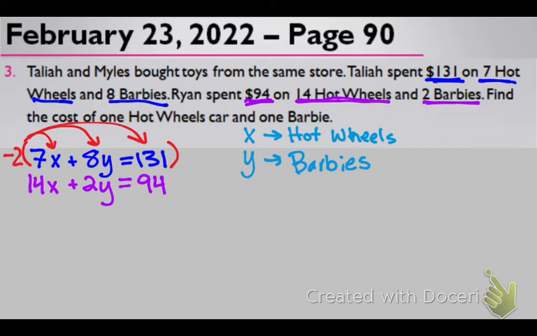And so if we multiply the first equation by -2, we'll end up being able to cancel out our x's. Now we can add those two together.